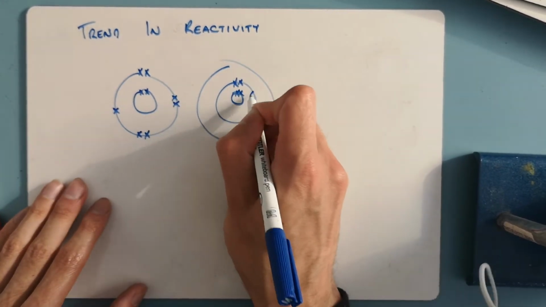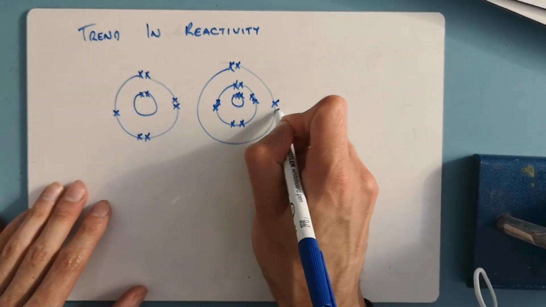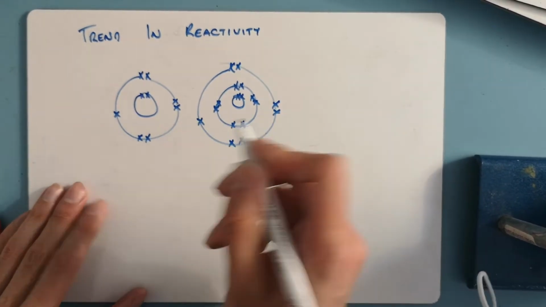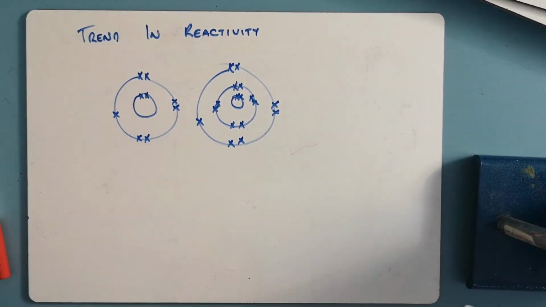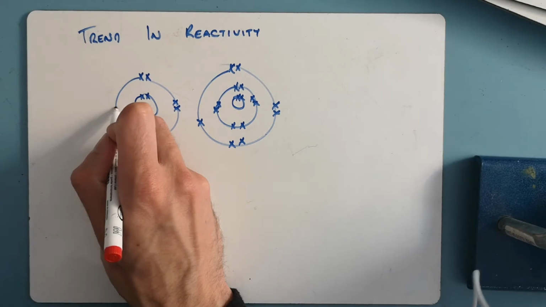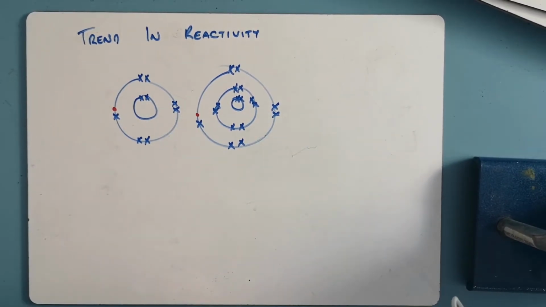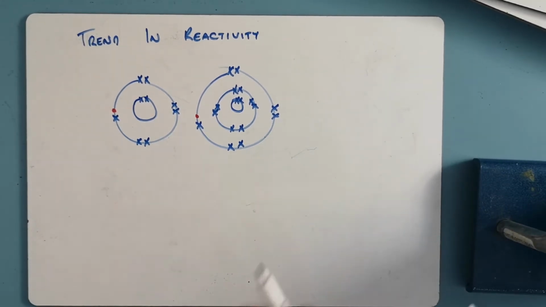Now if we imagine bromine would be 4 of these shells, and iodine 5, and get bigger and bigger. They're each trying to gain one electron there. And so we're going to look at, well, who can do this the easiest? Because whoever does this the easiest can grab that electron. They're going to be the most reactive.